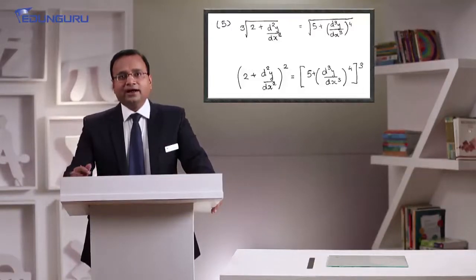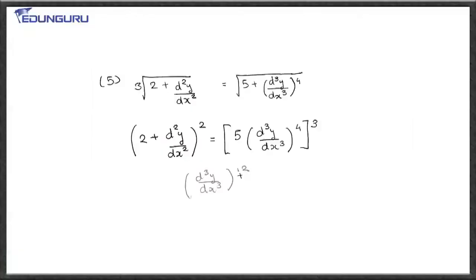Now when you expand (5 plus (d3y/dx3) power 4) whole cube, you will get different powers of d3y/dx3, and I am interested in the highest power of this. So the highest power will be power 4 whole to the power 3, that is power 12. So I say the order of this differential equation is 3 and the degree will be 4 into 3, that is 12.